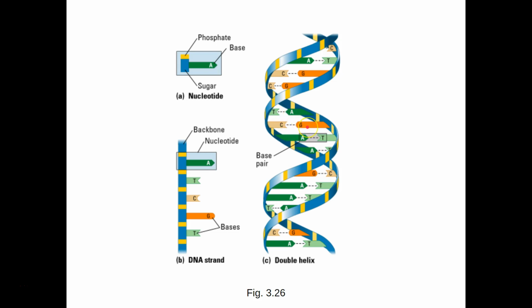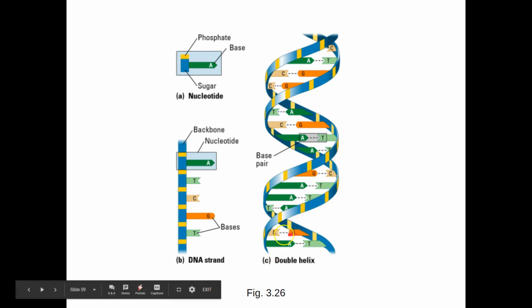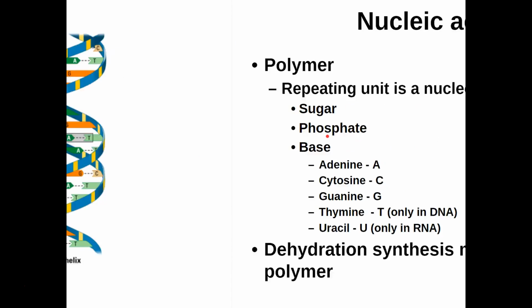C's go with G's always. So anytime you have a C on one side, you have a G on the other, and vice versa. So anytime you have a G on one side, you will also have a C on the other. Same with A's and T's. So C's go with G's, A's go with T's. Okay, and like I said, they're sort of this staircase double helix shape that DNA takes on.